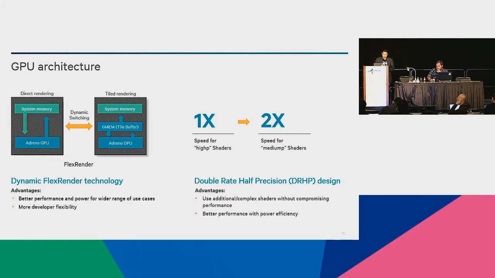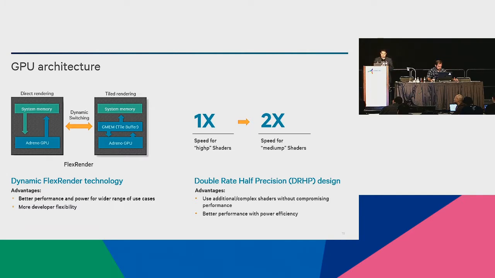The other couple of features that I would like to highlight, one is the Dynamic Flex Render technology that is unique to Adreno GPUs. It is basically traditional desktop-style GPU rendering as well as the tile rendering architecture that I just explained, both supported dynamically within the frame. So for example, if your scene is simple enough, you can render it through the direct rendering architecture. If your scene is very complicated, with a lot of alpha transparency, you can render it through the tile rendering architecture.